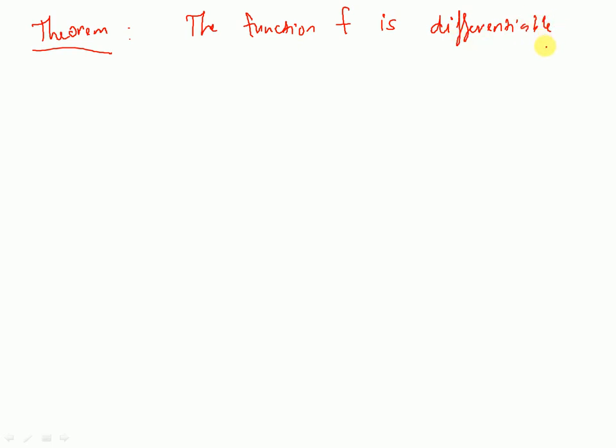Alright, so let's move on. We have one theorem in this section. So the theorem states that the function f is differentiable at the point a if f prime of a exists.